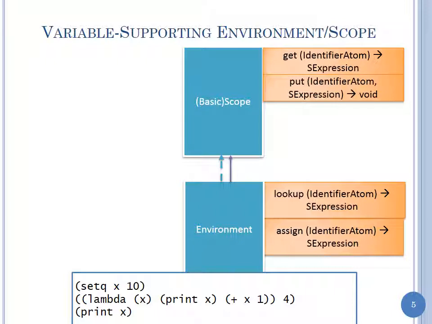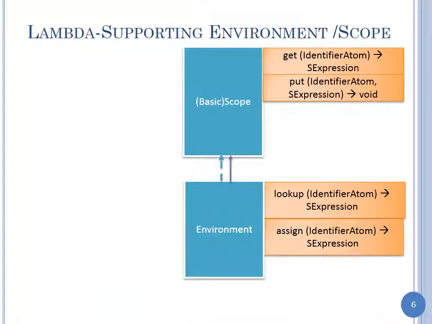Well, what's going to change is the environment. Okay, so how should we change the environment? To accommodate lambda expression evaluation, and I've kind of told you that already, but let's get the answer back from you.